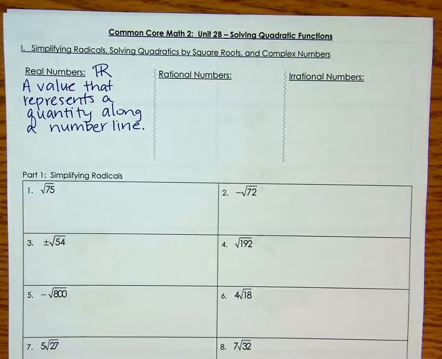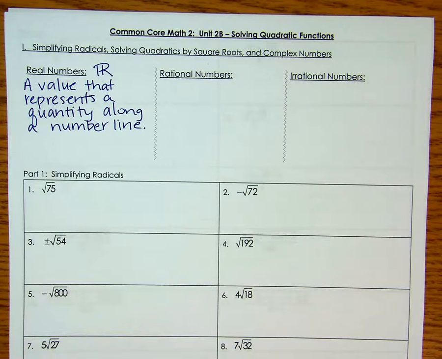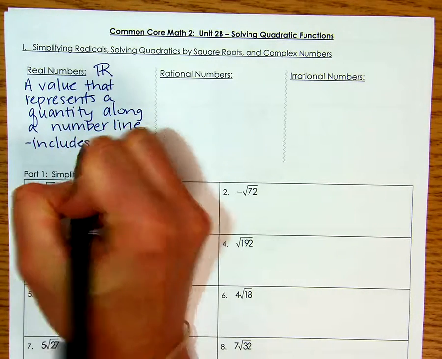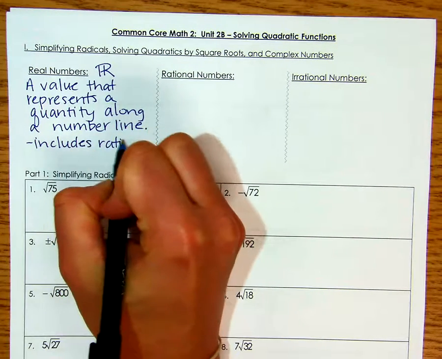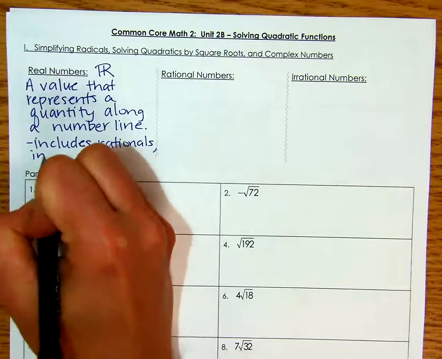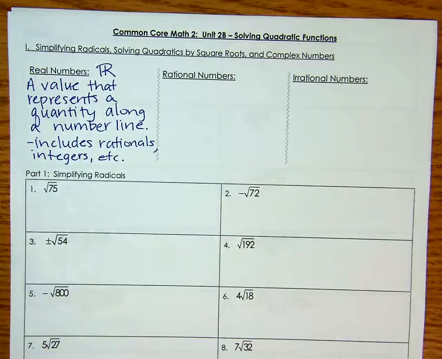Seems like a very generic definition, but it's really most of the numbers that you've been working with since you first started learning your numbers. So this includes your integers, rational numbers, etc. So if you go back, this is probably something you did in 7th plus.